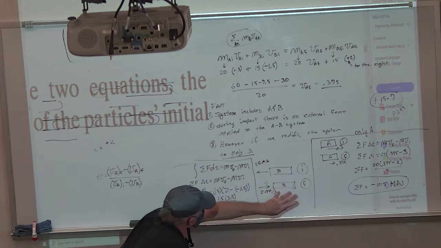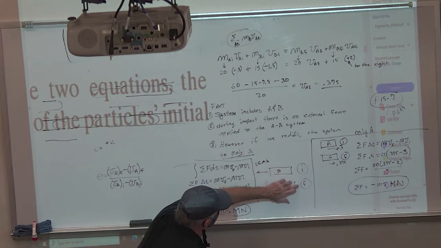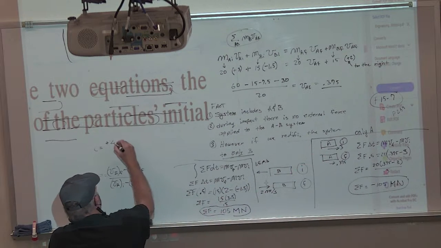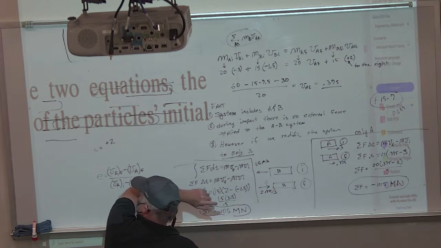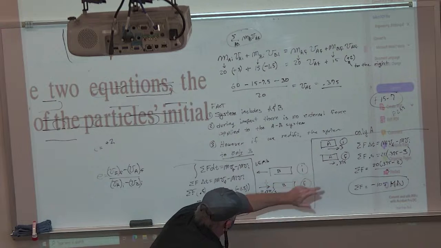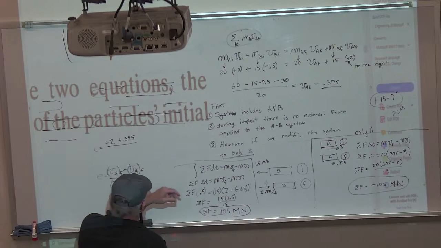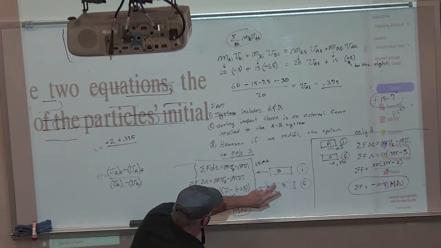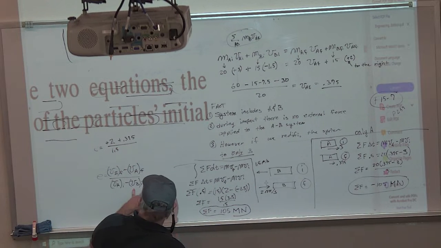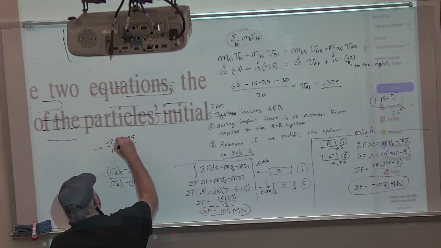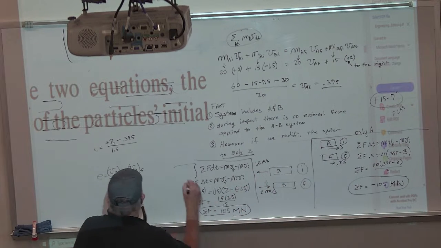Here are my A's and my B's, initial, final, initial, final. So I got a plus 2 final, plus 0.375, velocity A initial, 1.5, velocity B initial, minus 1.5.